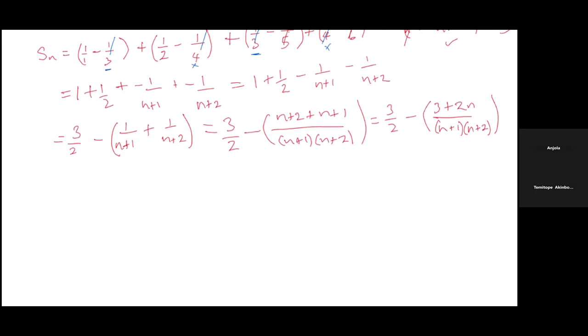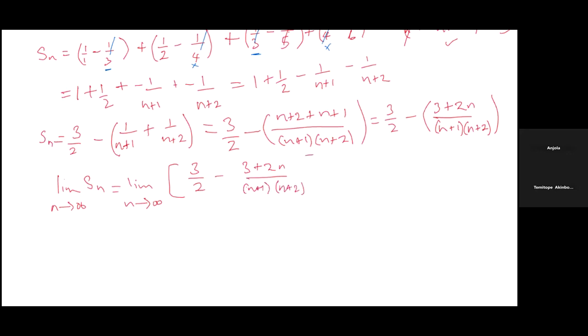So the limit of xn as n tends to infinity will now be the limit as n tends to infinity of 3 over 2 minus (3 plus 2n) over (n plus 1)(n plus 2).